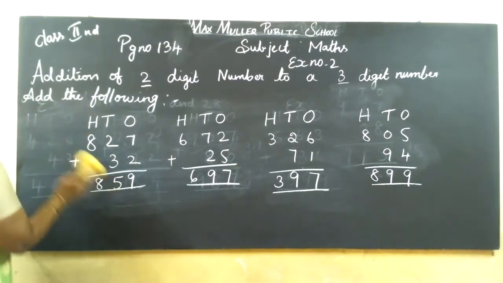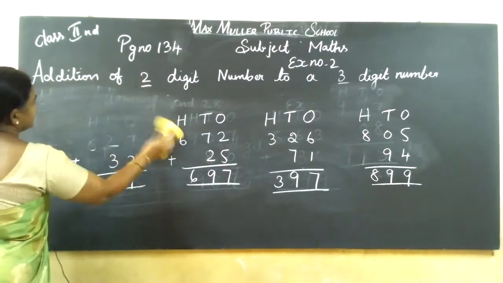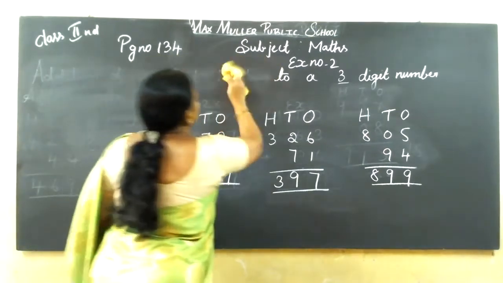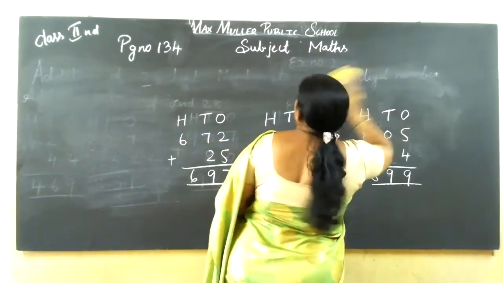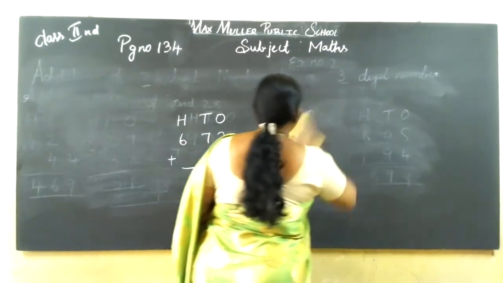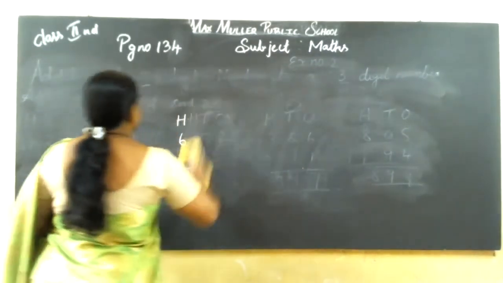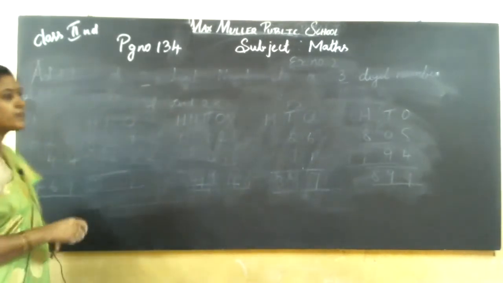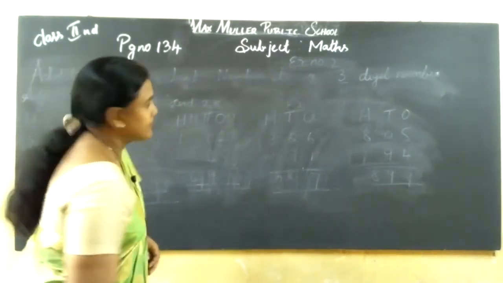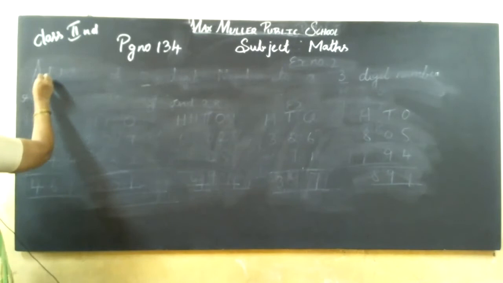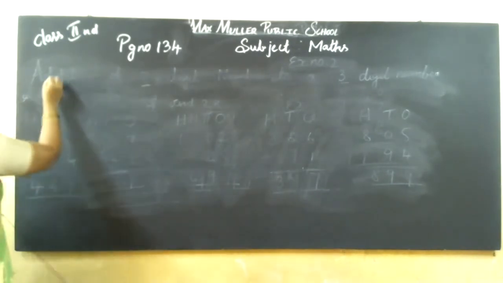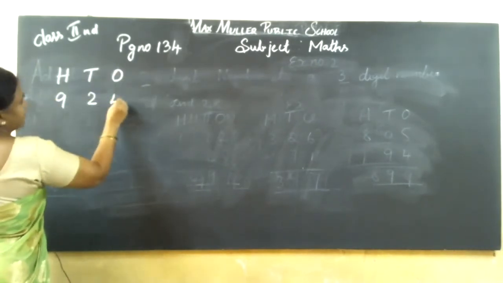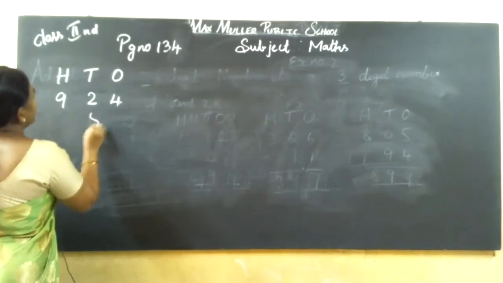Now we will go to third line. Third line. 9, 2, 4. 5, 4.